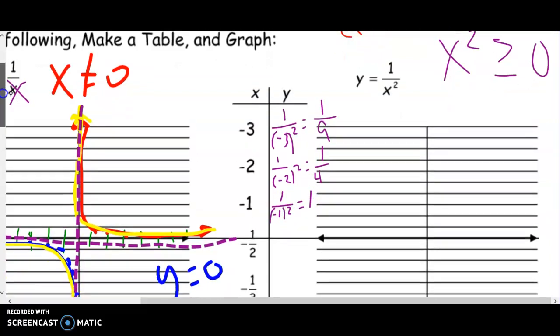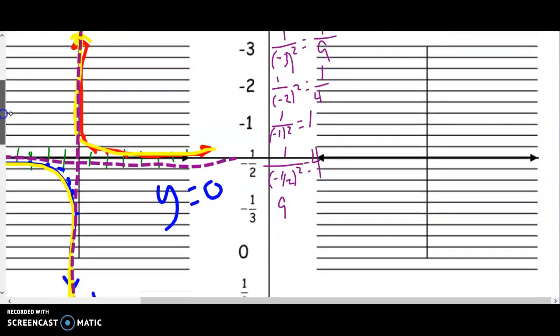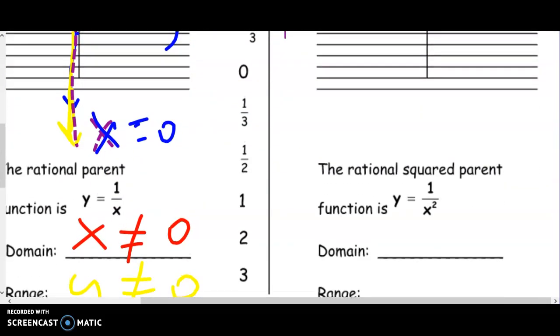All right. That's what that looks like there. Nothing but positive values because we are squaring things. 1 over -1/2 squared. So that's 1 over 1/4. So that's positive 4. This one's going to be 9. You can plug in and see it.